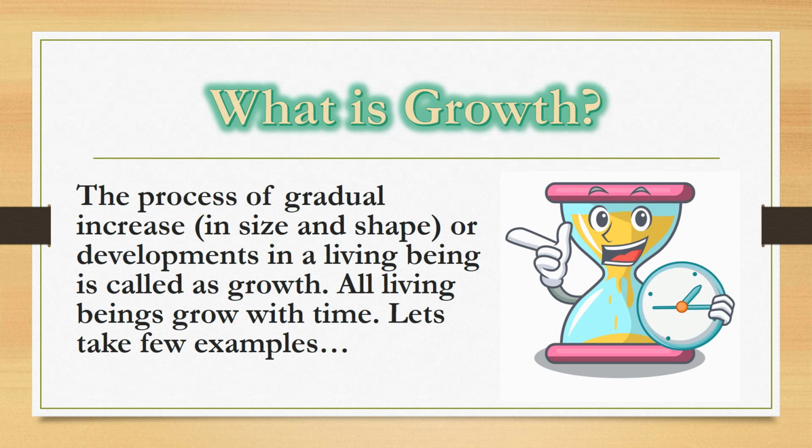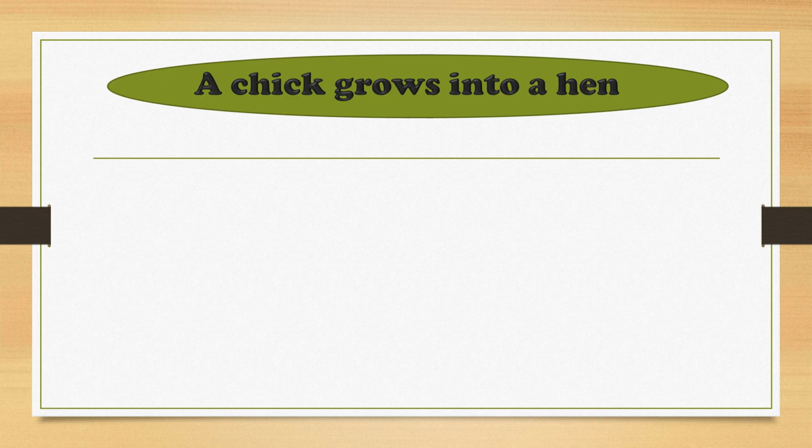So children, by time, all the living beings, they grow. The process of growth keeps happening in the living beings. So let's take few examples of it. A chick grows into a hen.